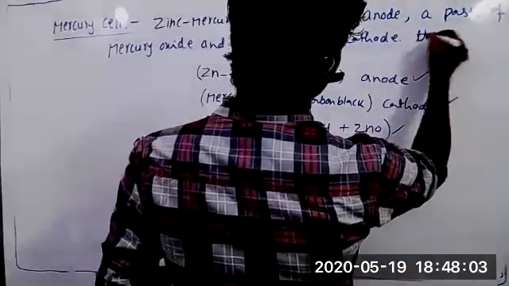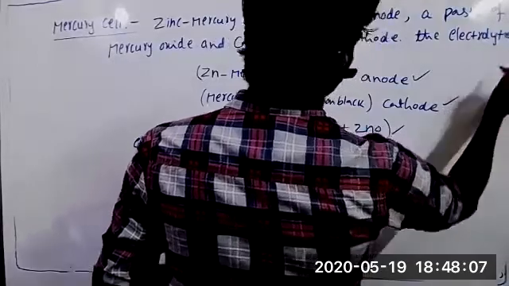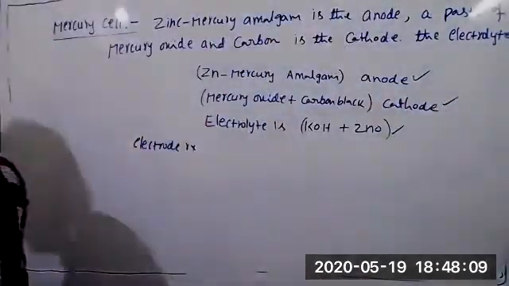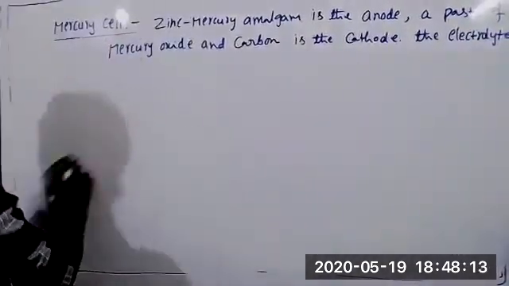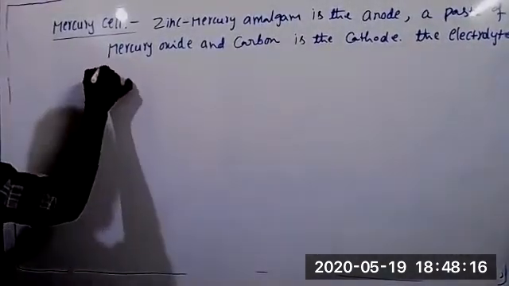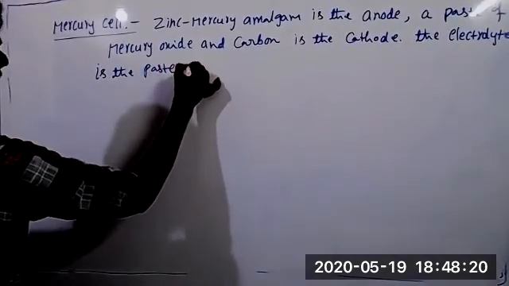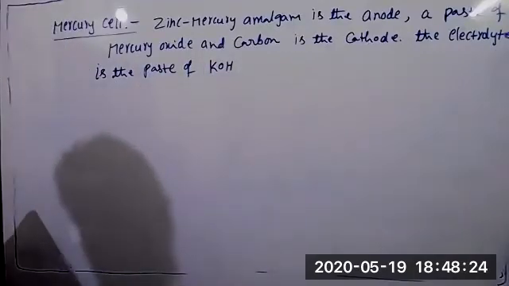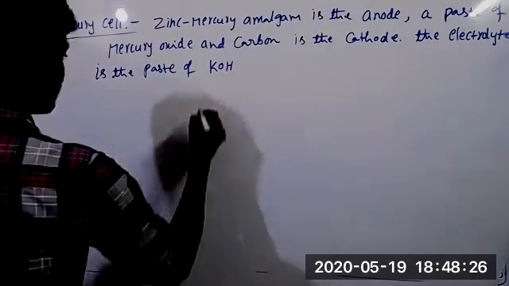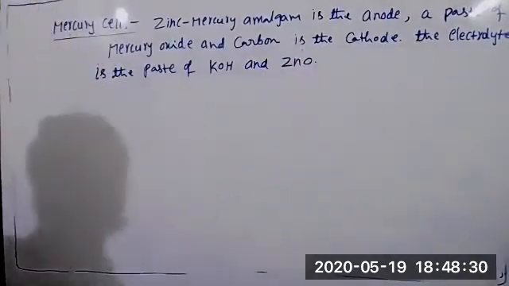The electrolyte is a paste of potassium hydroxide and zinc oxide.